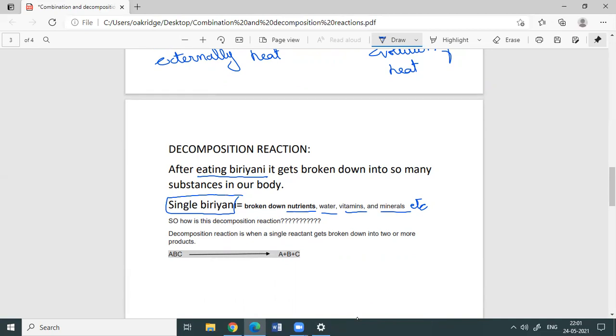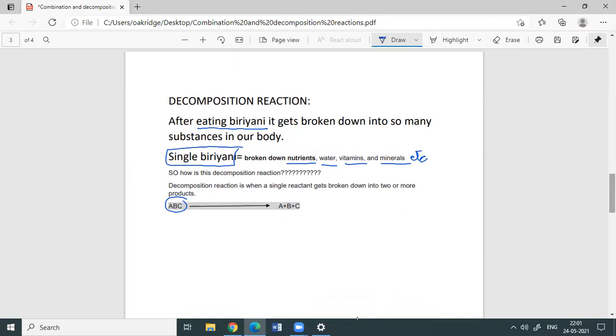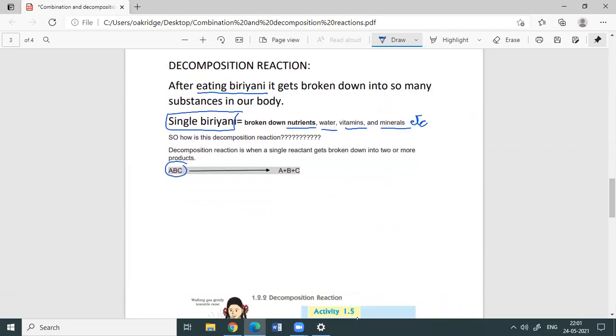So how is this a decomposition reaction? Time to think. A decomposition reaction is when a single reactant, you can see ABC, a single reactant, breaks down into two or more products. If you see anywhere a single reactant breaking down into two or more products, it's always considered a decomposition reaction.